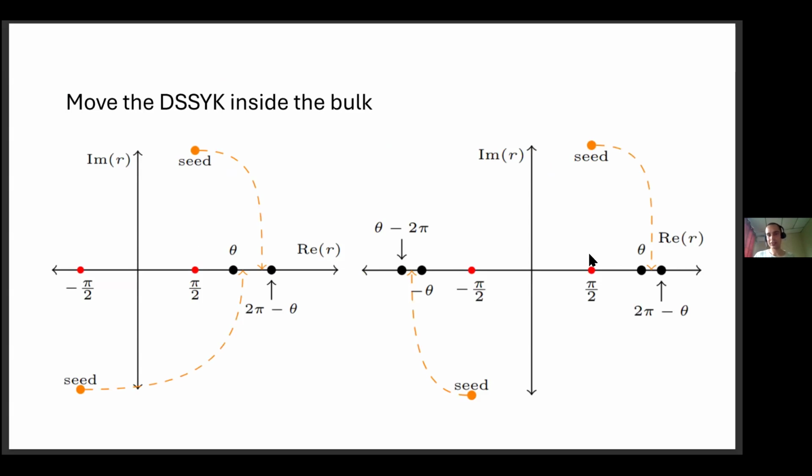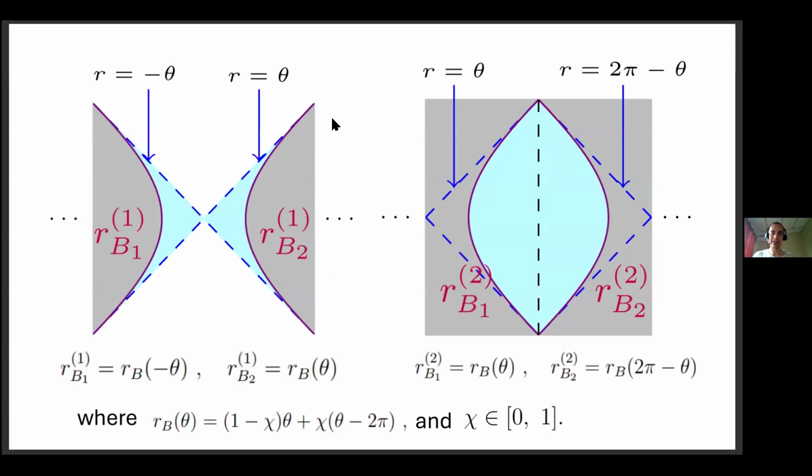So there are two possibilities, and they describe different types of configurations. One is when you put the boundaries very close to the black hole horizon at r equal to theta, and to r equal to minus theta, where there is another horizon. The other possibility is where you put the boundary location very close to r equal to theta or r equal to 2 pi minus theta.